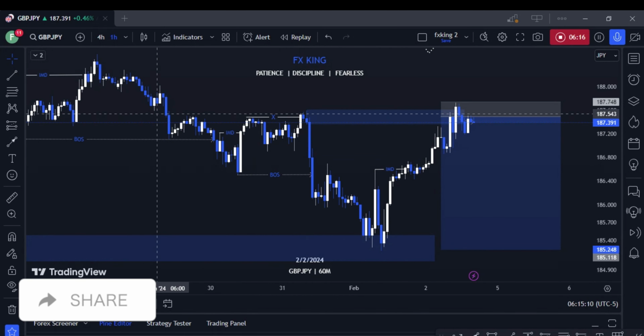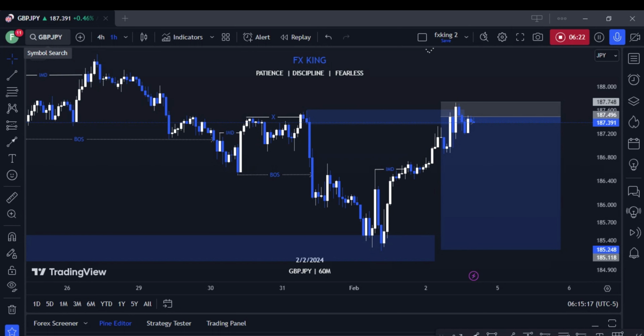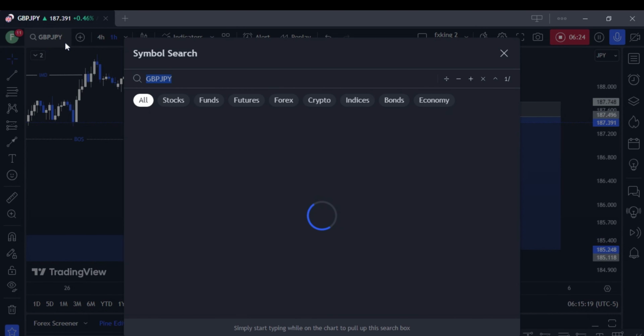So let's switch to another trade on Euro Great Britain Pound. I'll show you an example of a sweep entry model.